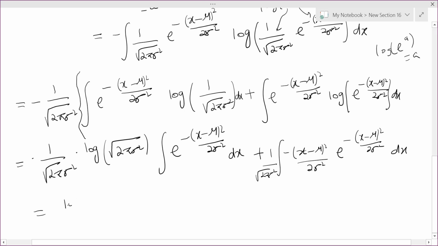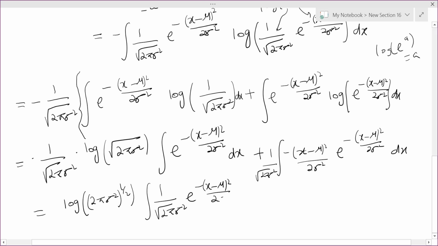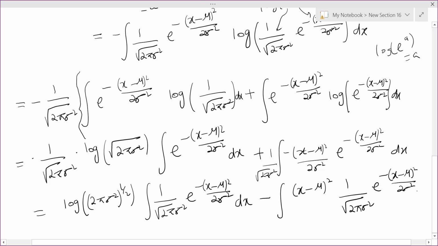I will write here log of under root 2 pi sigma square to the power half, integral 1 over under root of 2 pi sigma square e to the power minus x minus mu square divided by 2 sigma square dx, plus, okay, sorry, there will be minus of this, and then integral, it will be now x minus mu square and 1 over under root of 2 pi sigma square e to the power minus x minus mu square divided by 2 sigma square dx, and here is 1 over 2 sigma square.